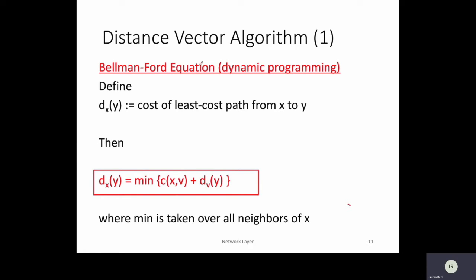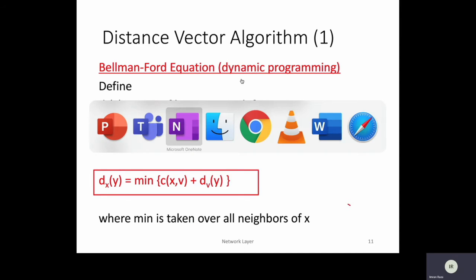So this distance vector routing algorithm is basically based on dynamic programming. So let's talk about some of the basics of this distance vector routing algorithm before discussing the algorithm in detail.